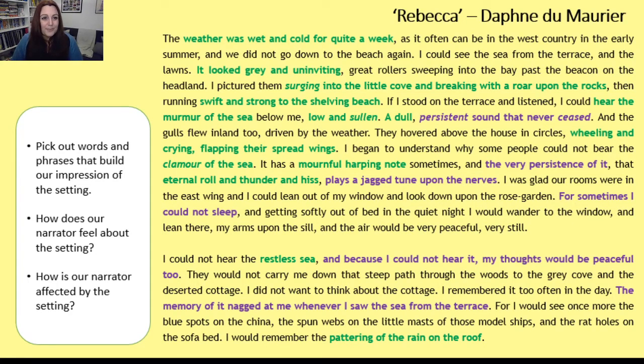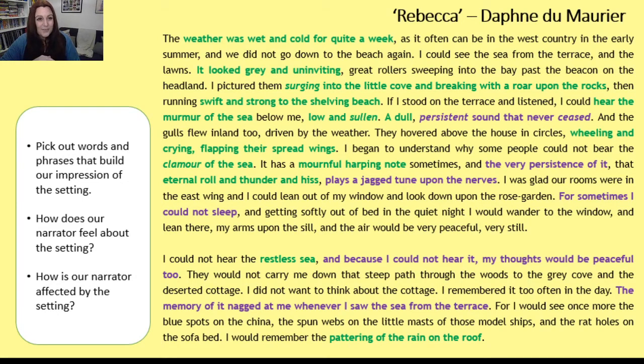We're not told that, but from the use of the words persistent and never ceased, we can infer that the narrator is not enjoying that sound. And then that is backed up when we get the very persistence of it. Again, we are told that it's just not stopping, and clearly it's bugging the narrator at this point.